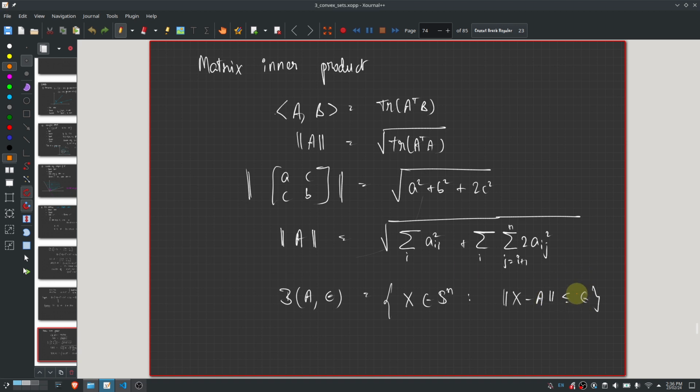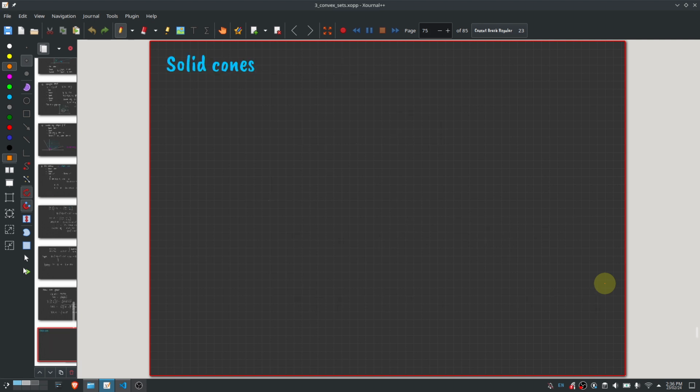So the square root of the trace of (X minus A) transpose (X minus A) is less than or equal to epsilon. So our goal is to show that this cone is solid.